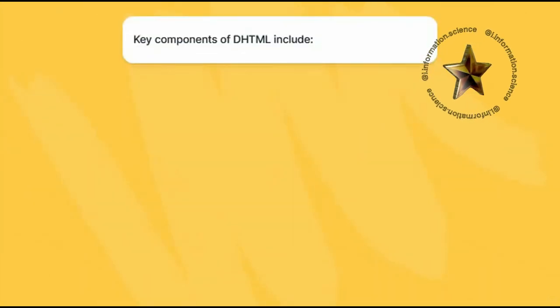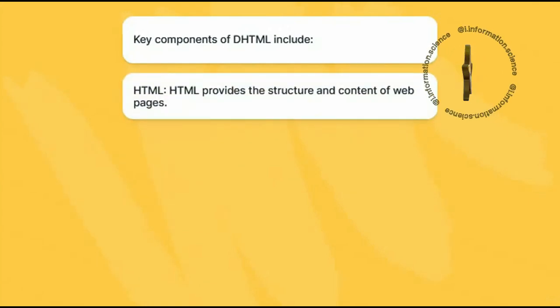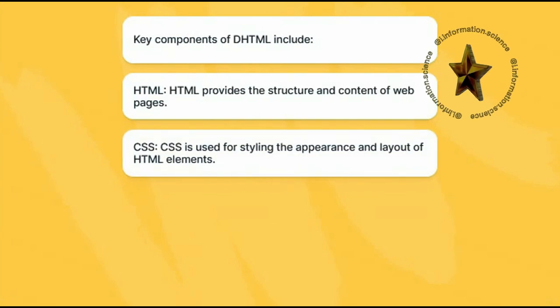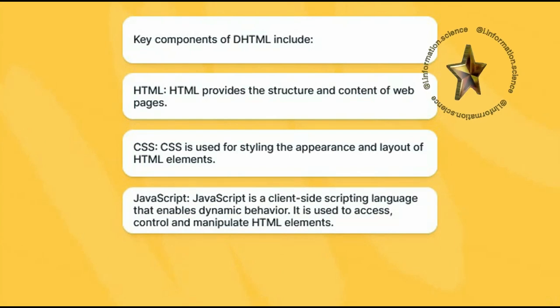Key components of DHTML include HTML. HTML provides the structure and content of web pages. CSS. CSS is used for styling the appearance and layout of HTML elements. JavaScript. JavaScript is a client-side scripting language that enables dynamic behavior.